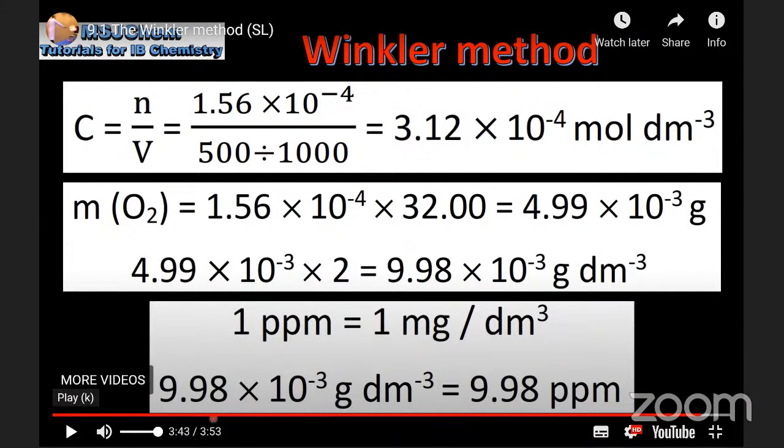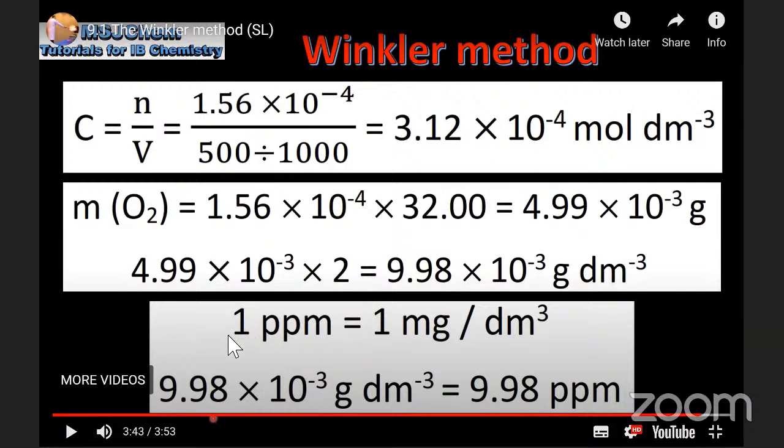Therefore, okay, do you understand up to here? This is a simple calculation, right? So you find the number of moles, and then you use the ratio with oxygen. So you can find the concentration, and then when you want to talk about the dissolved oxygen content, make sure you convert to grams over dm cubed. So the dm cubed must be 1 dm cubed, so you multiply by 2 as before.